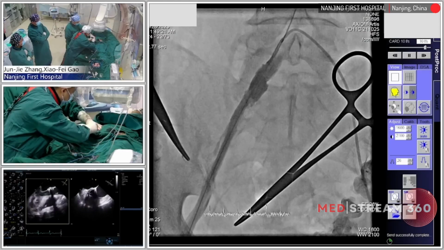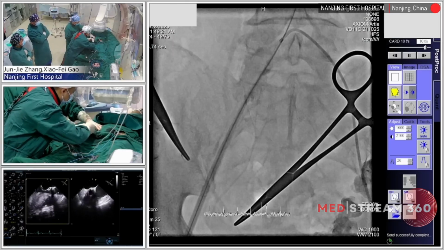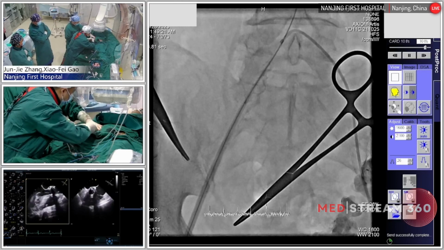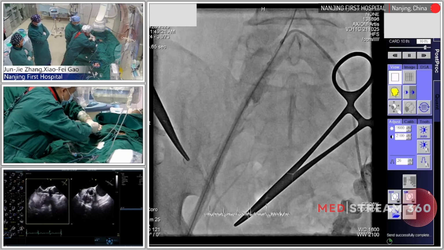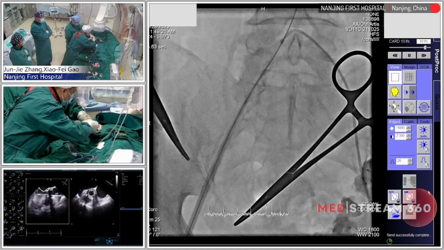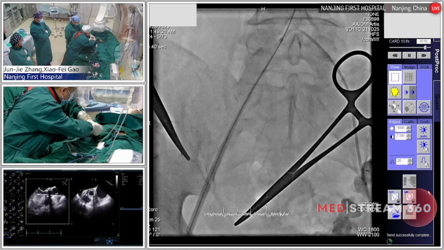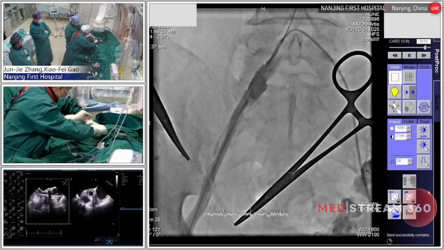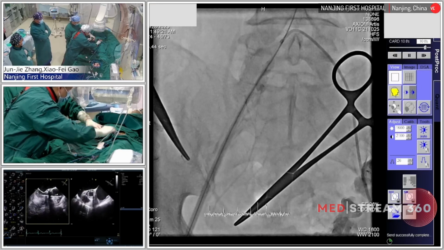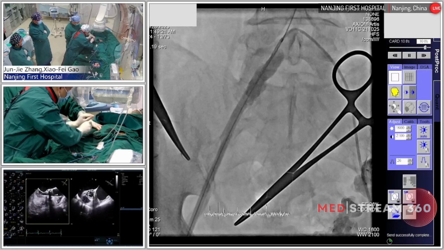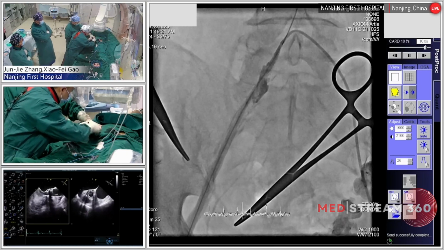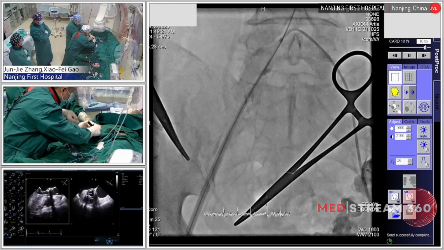This is an elderly gentleman, more than 76 years old, presented with heart failure. Echocardiography showed severe aortic stenosis with BAV. It's a typical type 1 BAV, and according to the CT analysis, the decision was made to select the 23 millimeter Sapien 3 valve.